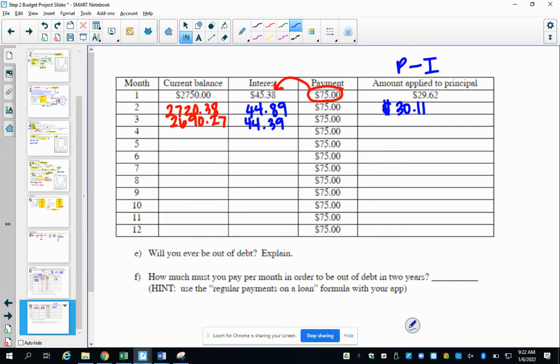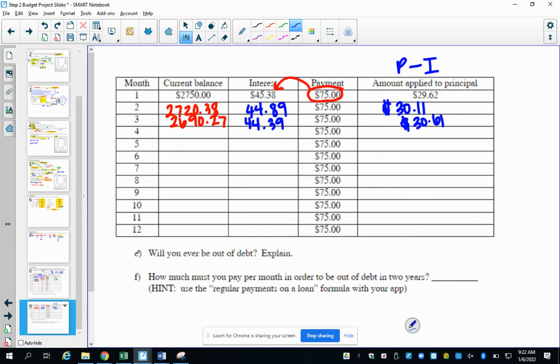Payment minus interest, so 75 minus 44.39, and you paid $30.61 to your principal that time. So this is how far your bill is going down from the current balance. So then just calculate that table the rest of the way.